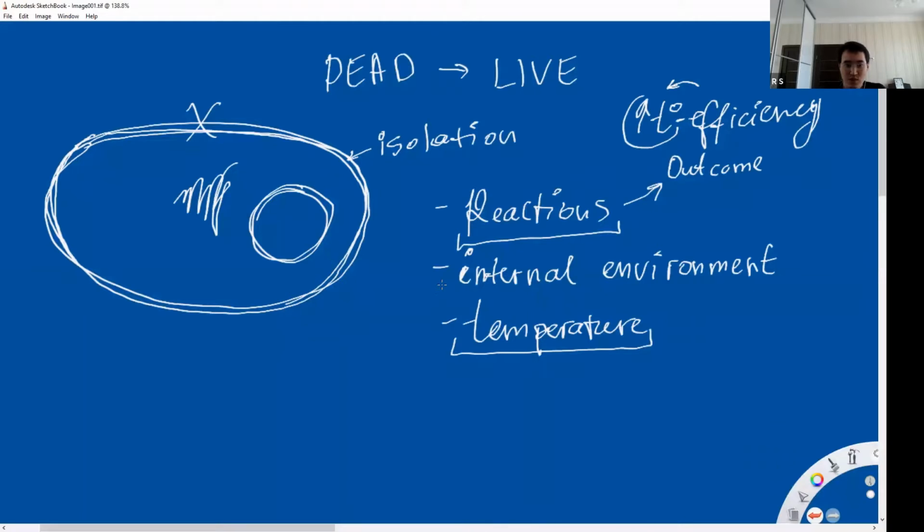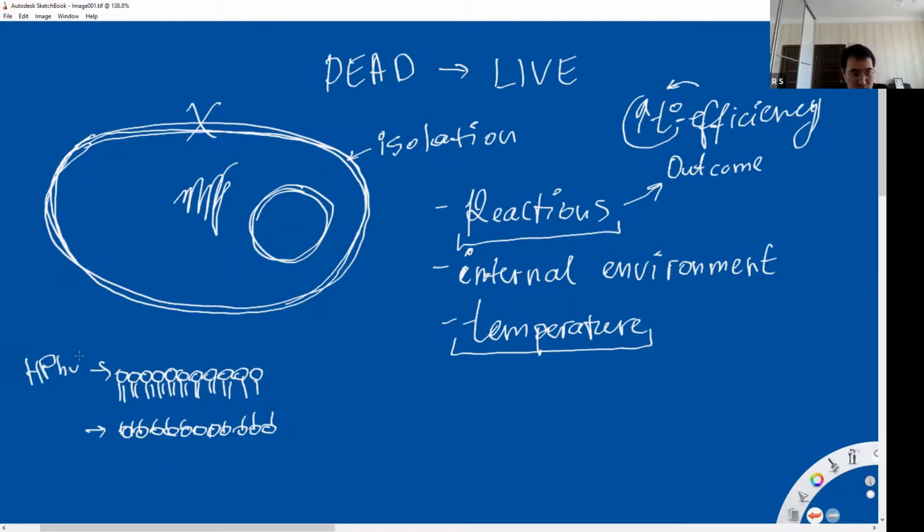So this is what the biomembrane does. If you looked at the image, we have the two layers of phospholipids and triglycerides, and we have first the hydrophilic part and the hydrophobic.